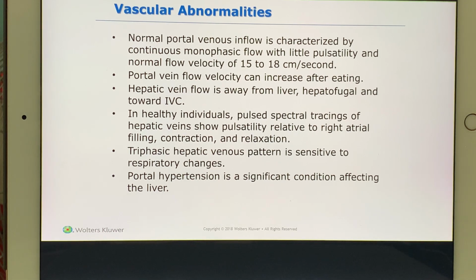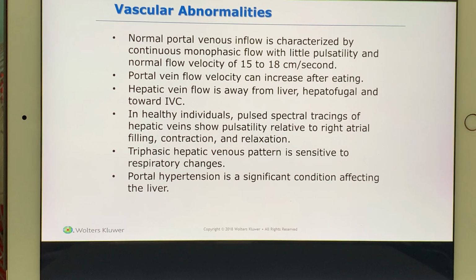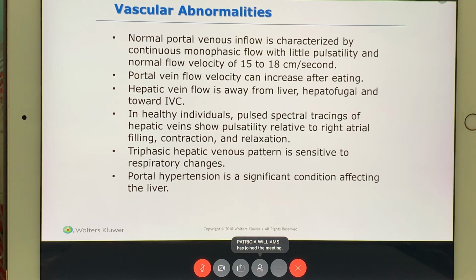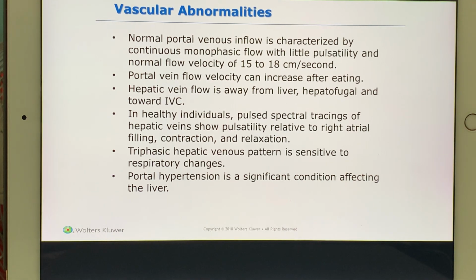You can turn on it clockwise and you can see it going into the liver. If the liver is fibrotic, then we cannot feed the liver like it should. So if we can't feed the liver like it should, then it's going to back up into the spleen.